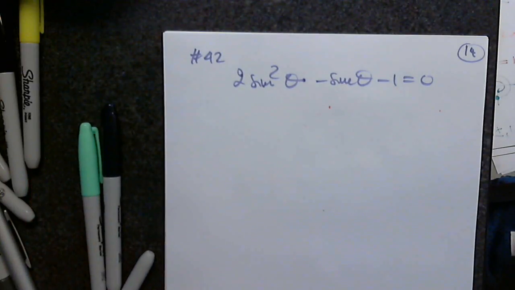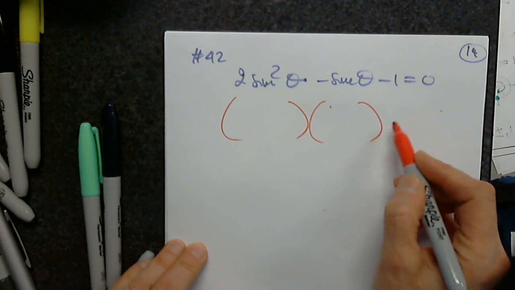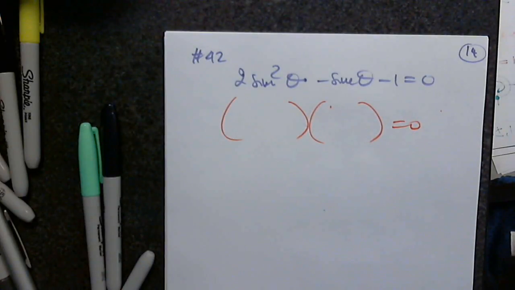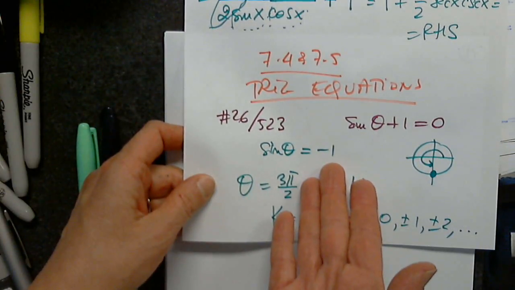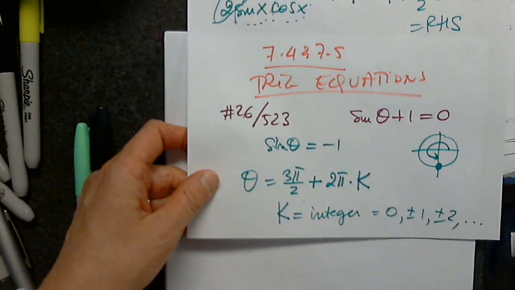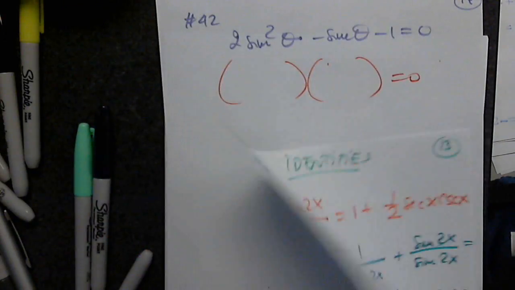So if I can find a way to factor it, then I won't have to dig deep and use a substitution and the quadratic formula to find the solutions for sine theta first. And then I will be in this situation: sine theta equals blah, and I will go around the circle and write the solution for each one.